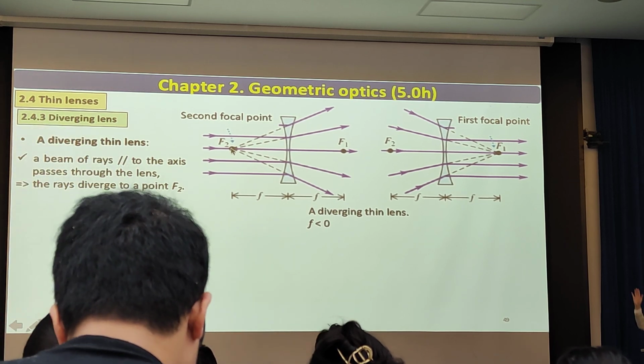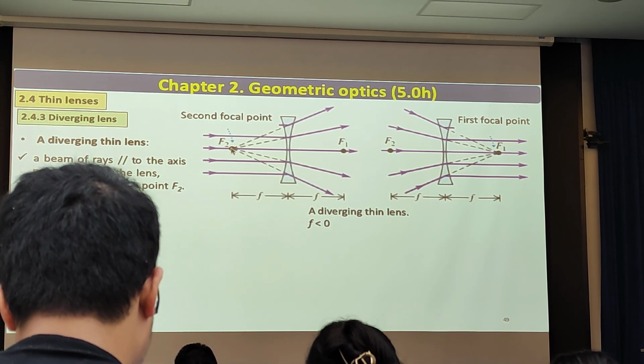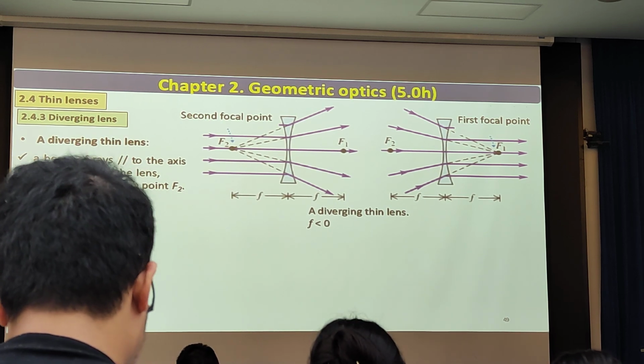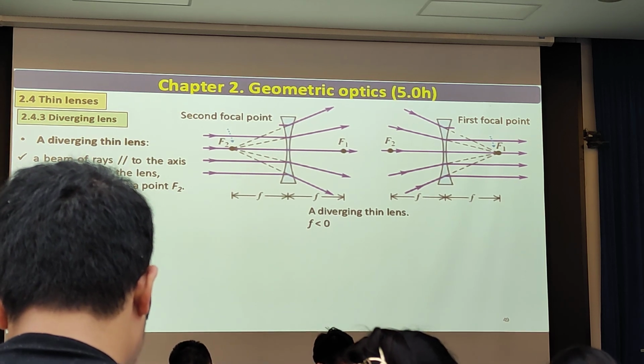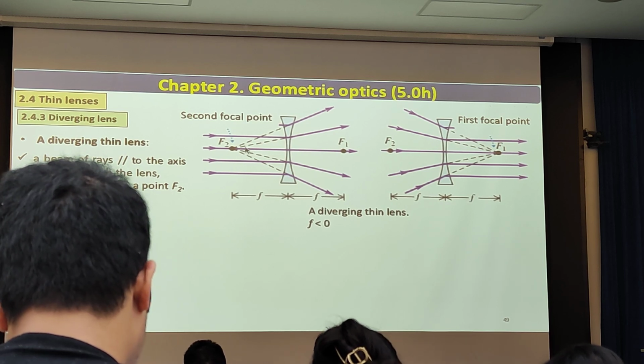That is the reason F2 is here. Because to define the image focal point, you send parallel rays of light to the lens, and see where they seem to gather. So the rays diverge from the point F2.